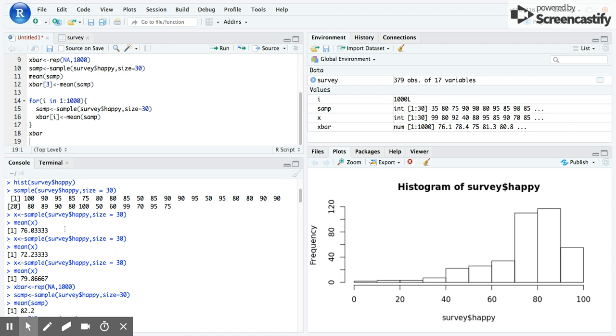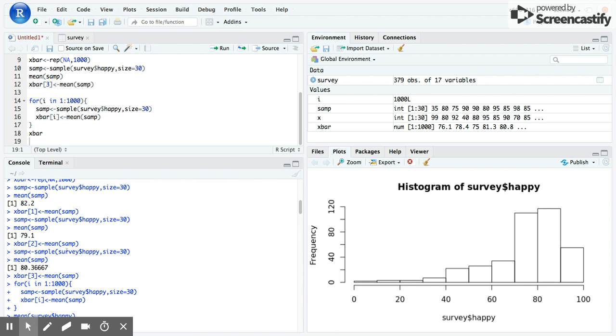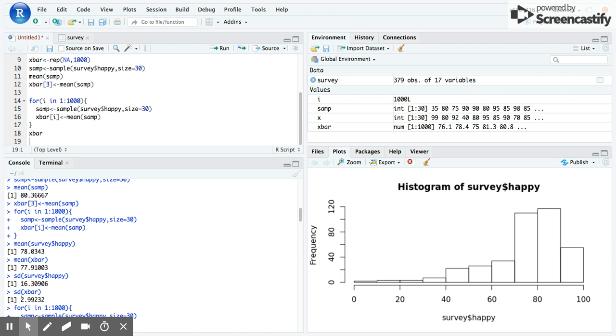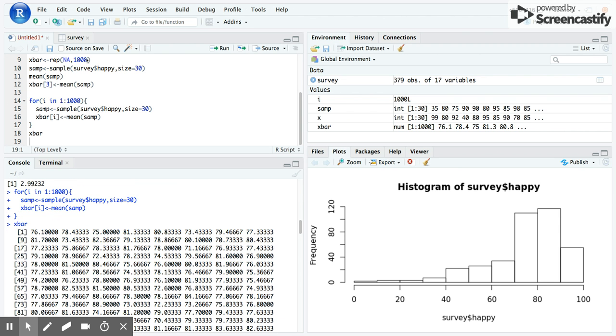Now, the mean of that should be the mean of happy, which was, lost it. Well, let's find out.